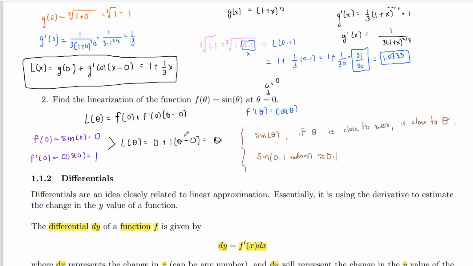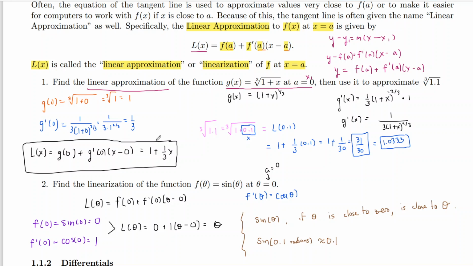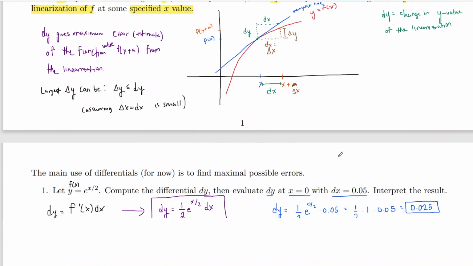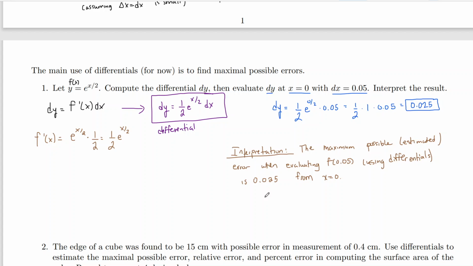Going way back to the first problem, if we figured this entire equation out, plugged in 0.05 and got a number, we saw that our error for this one was really close. Well, we expect that our error for this one, we don't know what it is because we're not actually doing the linear approximation, but we know that it should be no bigger than 0.025. That's what the differential is saying.